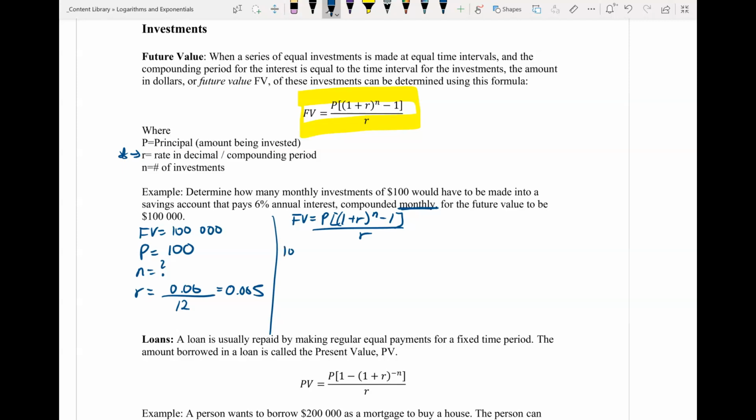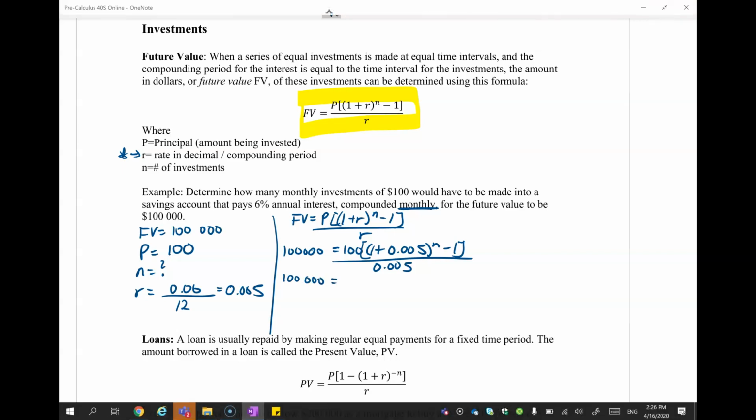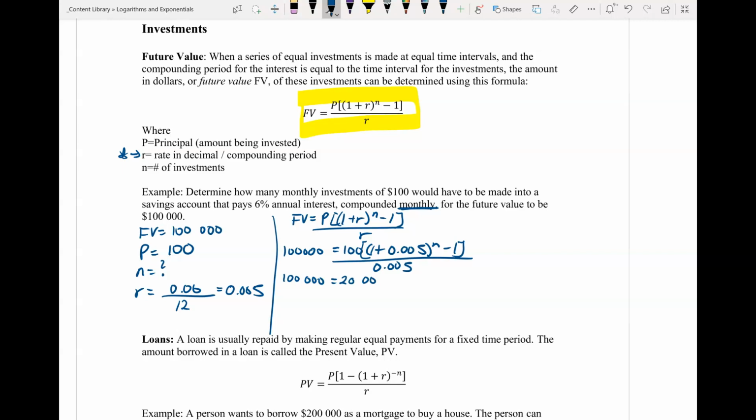So our future value is $100,000. P is 100. R is 0.005. We're looking for N. So I'm going to do 100 divided by 0.005 first, which is 20,000.